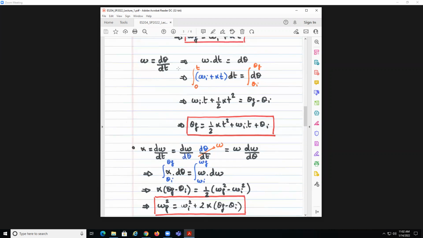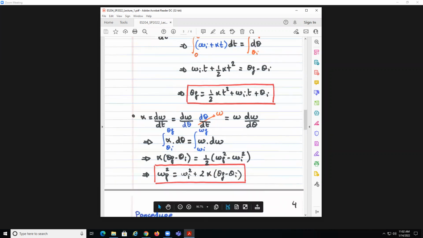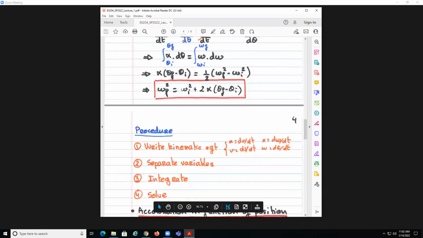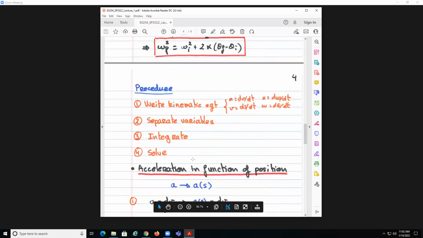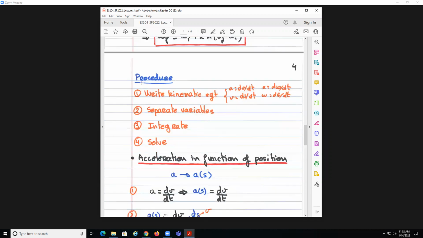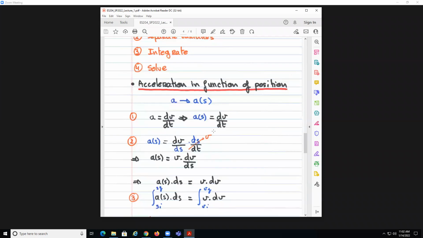Theta is the angle, okay, of the rotation, and we get a similar expression. So all this we did to show you that we always get to the result if we follow the following procedure. Write kinematic equation, separate the variables, integrate, and then solve.